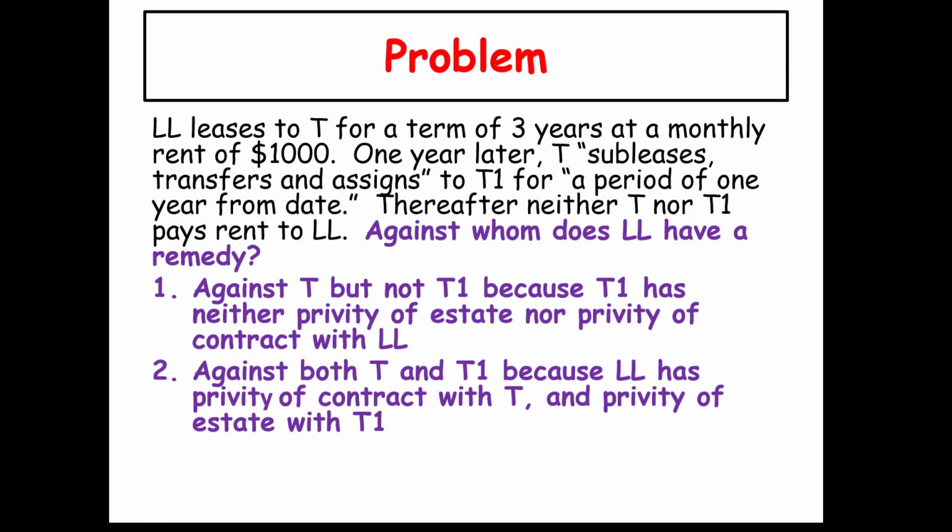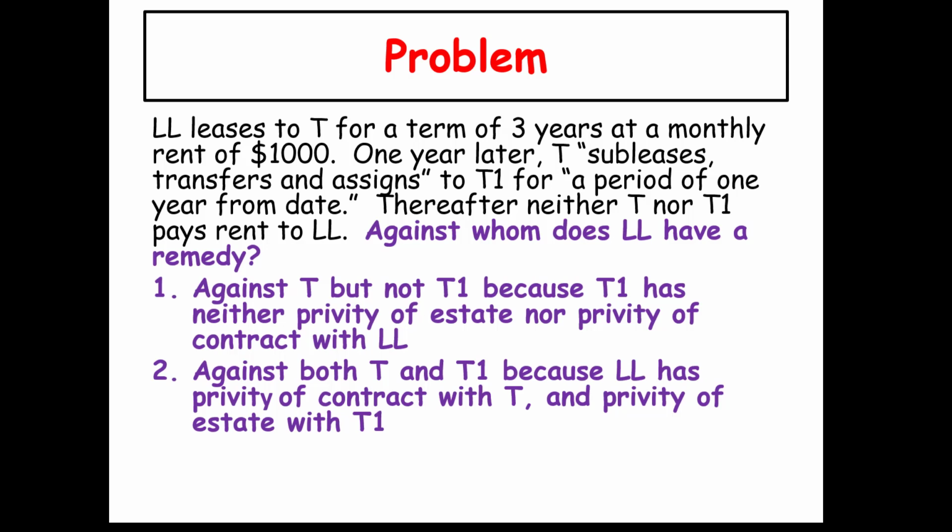So the question is, against whom does the landlord have a remedy for lack of rent? And the options that you have here are against the tenant, the original tenant, but not the new tenant. And the rationale for that would be that T1 has neither privity of estate nor privity of contract with the landlord, or against both of them because the landlord has privity of contract with the old tenant and privity of estate with the new tenant.